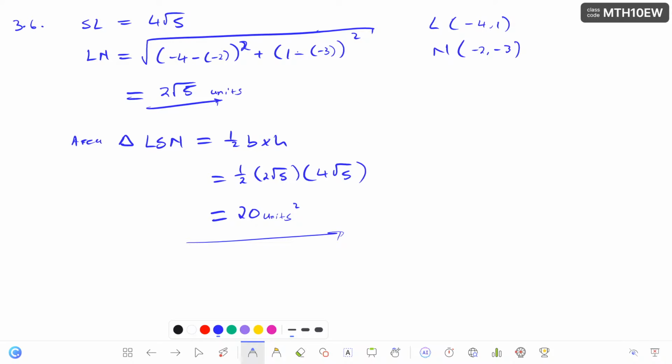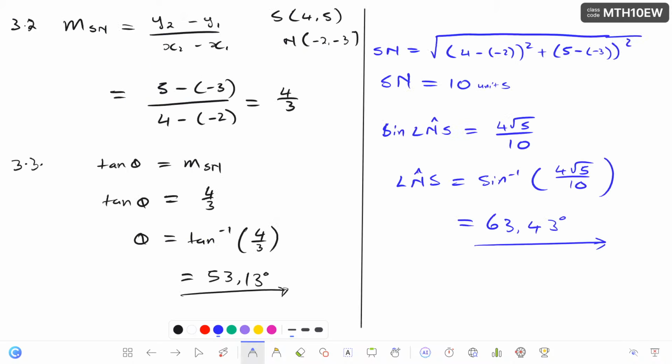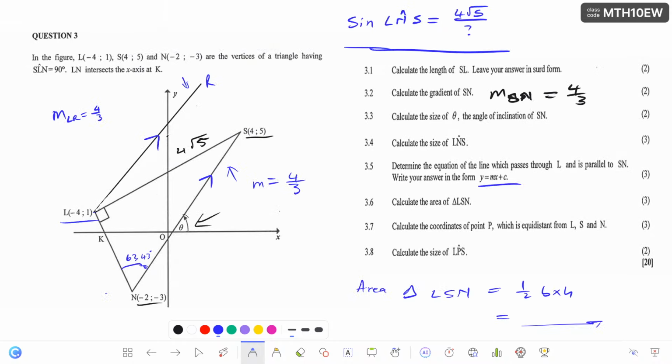So okay, let's go to the next question. The next question, they said, calculate the coordinate of P, which is equidistant from L, S and N. To calculate the coordinate of P, which is the equidistance, you need to investigate the name of the triangle.